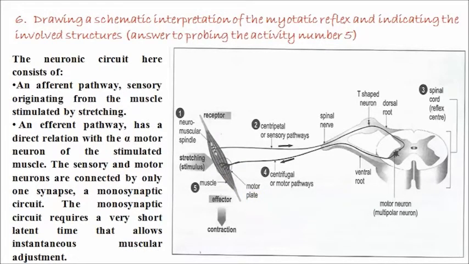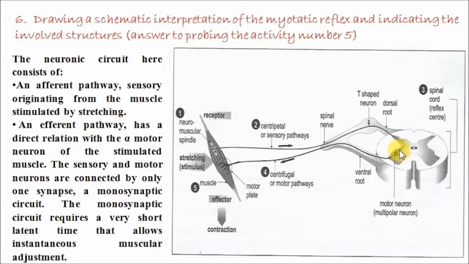Now, let me put all of them together. The muscle is going to be stretched. This is the stimulus. The neuromuscular spindle is going to be the receptor, which is going to identify or sense the stimulation, the stretching, and generate the action potential, which is going to go along the sensory pathway and the sensory neuron, along the dorsal root, reaching the spinal cord.